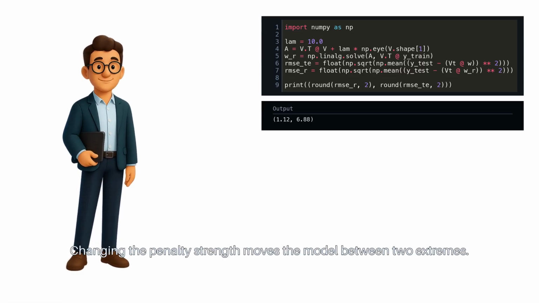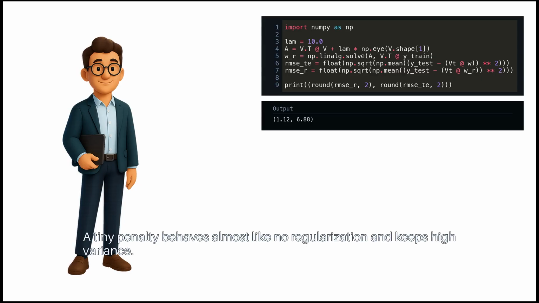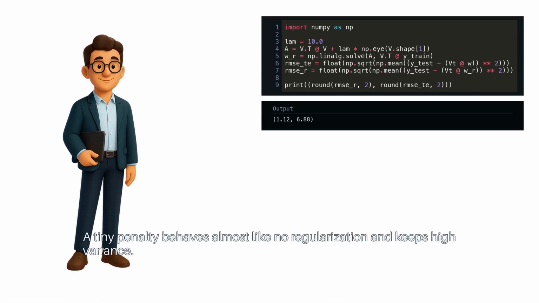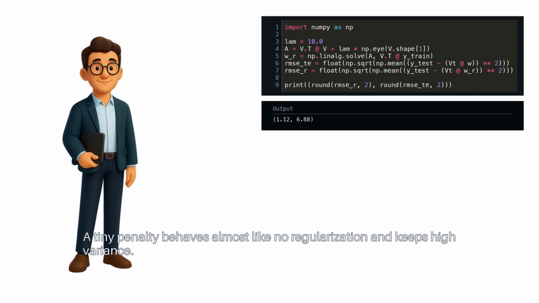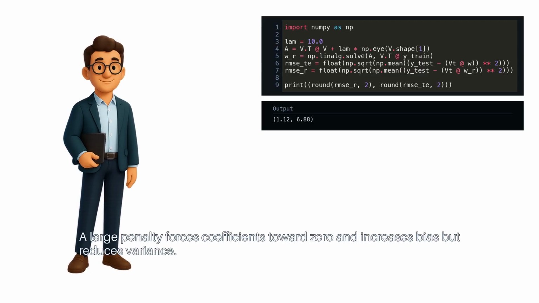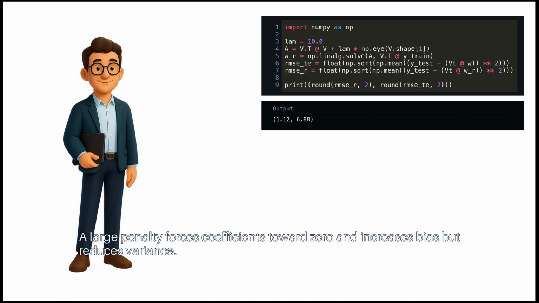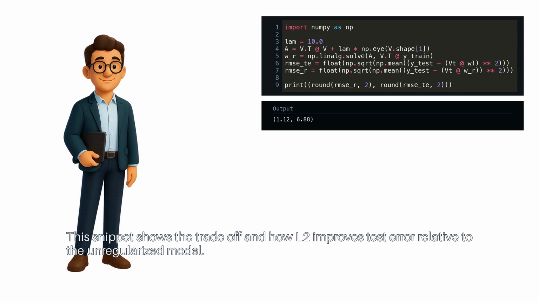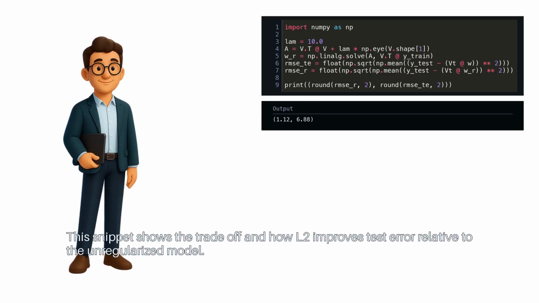Changing the penalty strength moves the model between two extremes. A tiny penalty behaves almost like no regularization and keeps high variance. A large penalty forces coefficients towards zero and increases bias, but reduces variance. This snippet shows the trade-off and how L2 improves test error relative to the unregularized model.